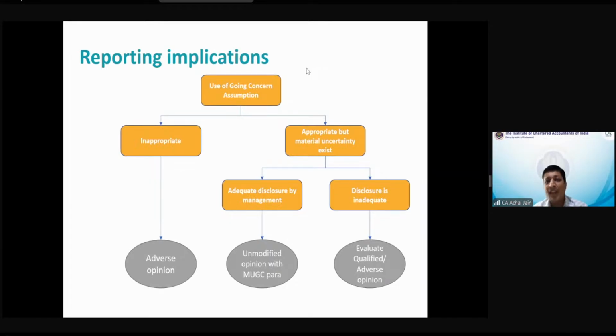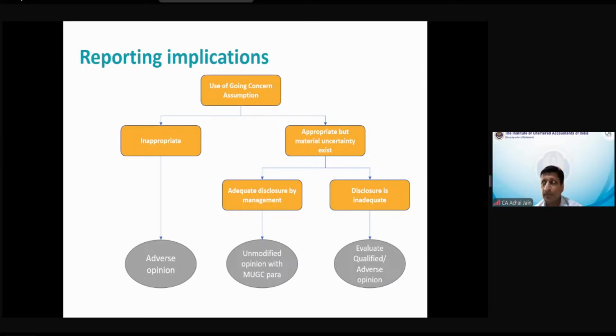Again, no. Okay, so let's try to understand. If the going concern assumption is inappropriate, as per auditor, what is the accounting requirement? Can you tell me? What is the accounting requirement? If the going concern assumption is not appropriate, tell me quickly, in such a case, what will be the accounting requirement?